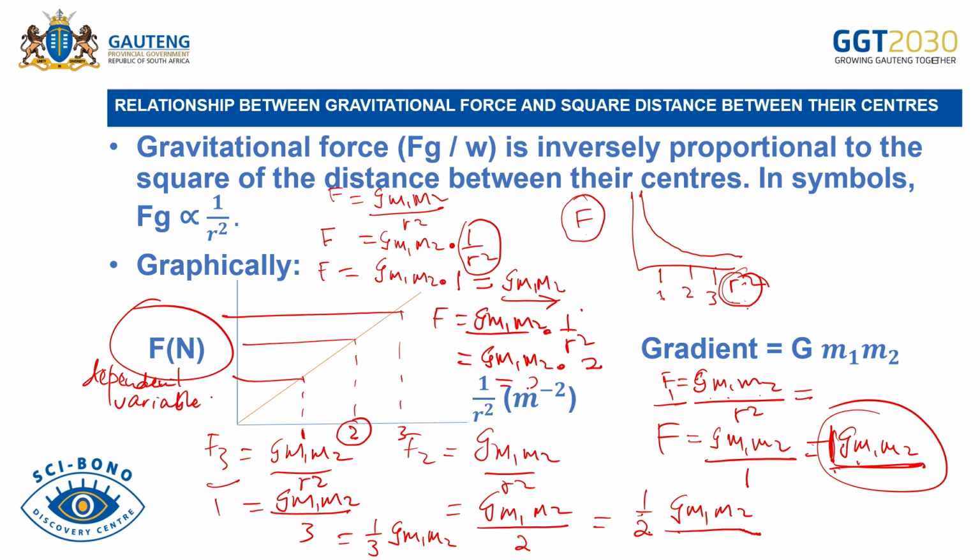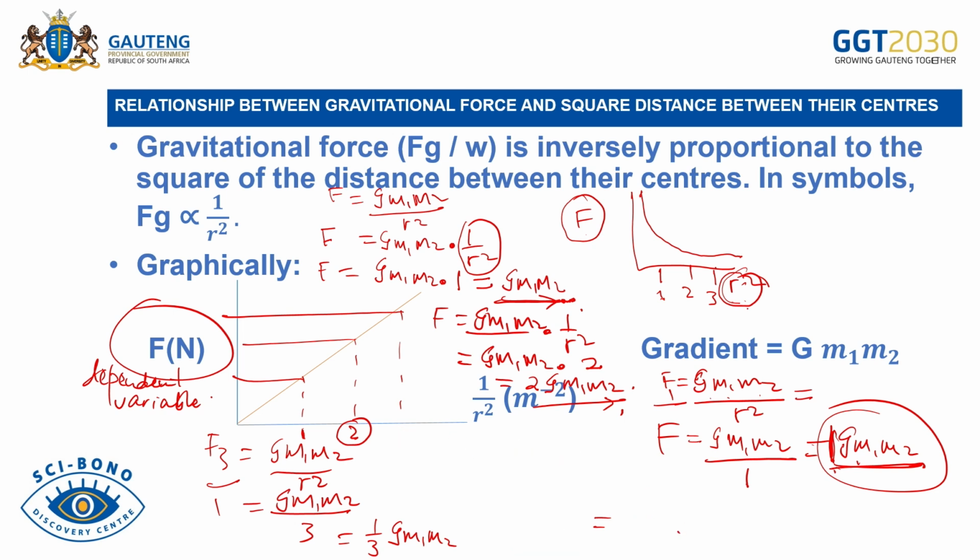I'm having twice G m1 m2. So I was having G m1 m2 for the first one, where my 1 over R squared was 1. Now my 1 over R squared is 2. What am I having? I'm having twice G m1 m2. Now, let me move to the next one.